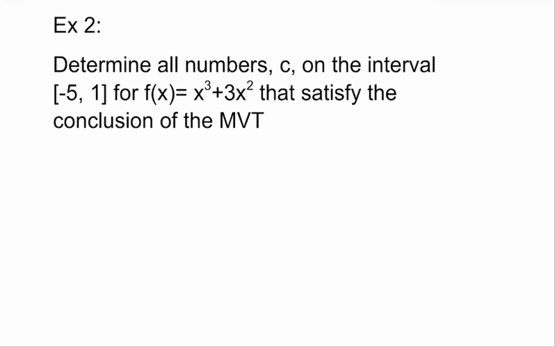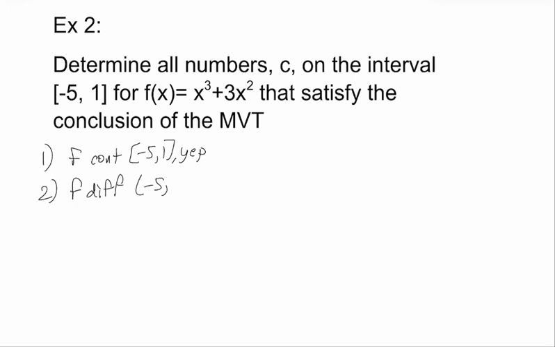Okay, so the first thing we ask ourselves, is f continuous on negative 5 to 1? Yep. Second thing we ask, is it differentiable on negative 5 to 1 without the endpoints? Yep. It's a polynomial. It's great. Okay.